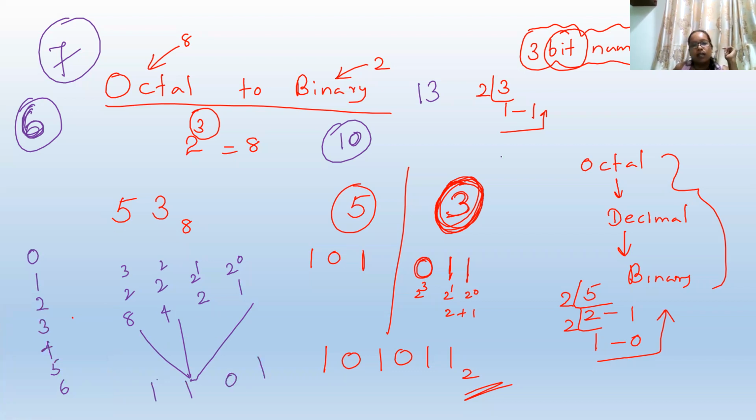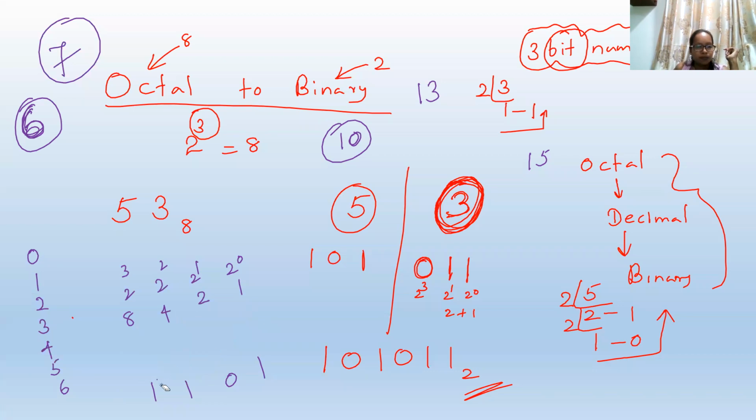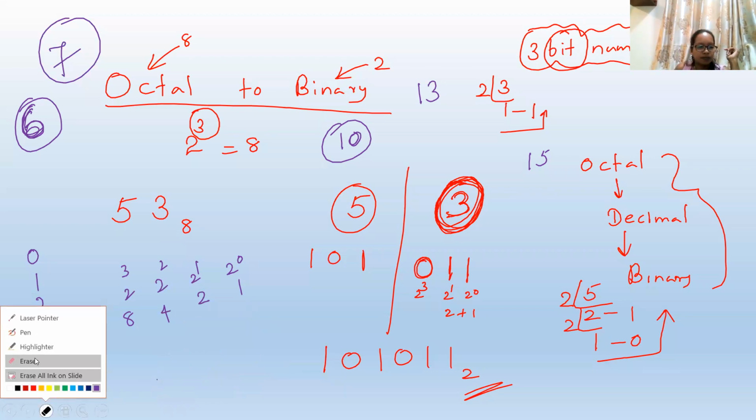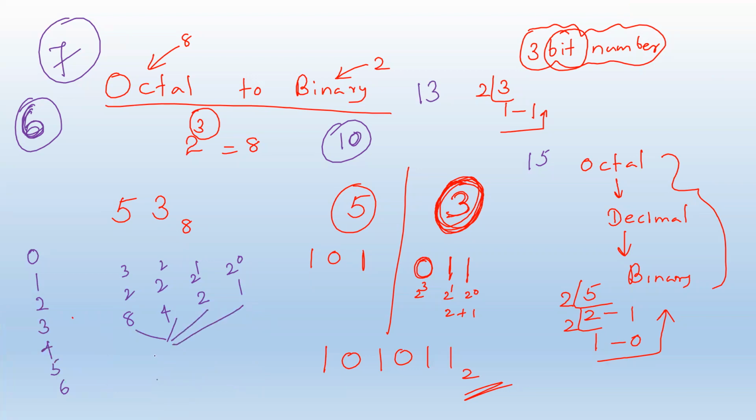Right? Next, 15. How to make 15? 8 plus 4 plus 2 plus 1. It's all of them. 1 1 1 1.